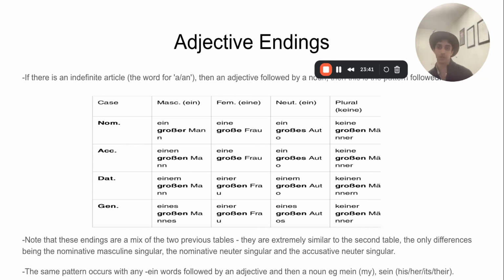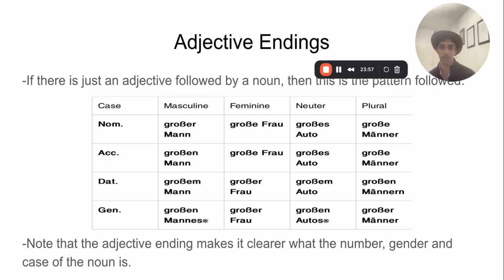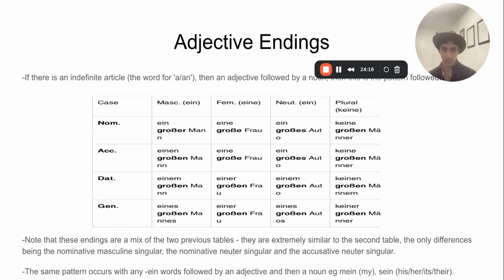And those three exceptions follow the same pattern as they did in the first table, actually. So here we've got the strong endings, ER for the nominative masculine singular, ES for the nominative neuter singular, and ES again for the accusative neuter singular. And they remain exactly the same in this third table as well.